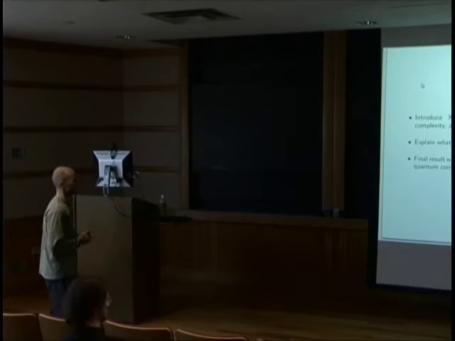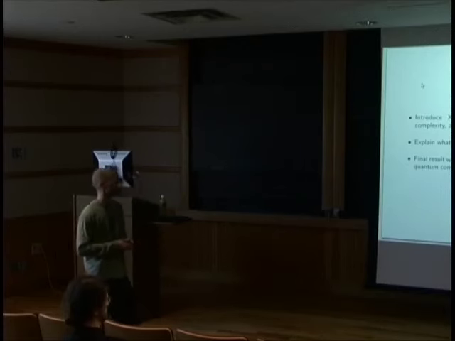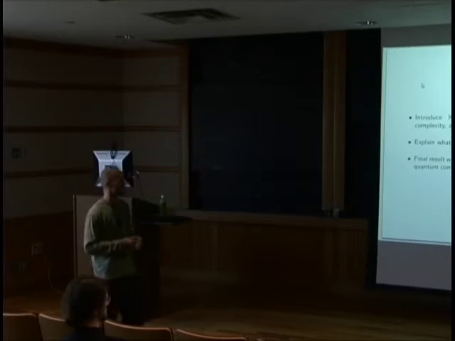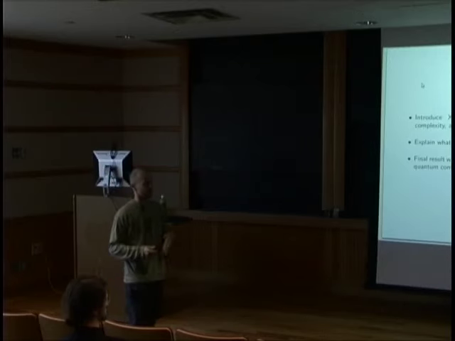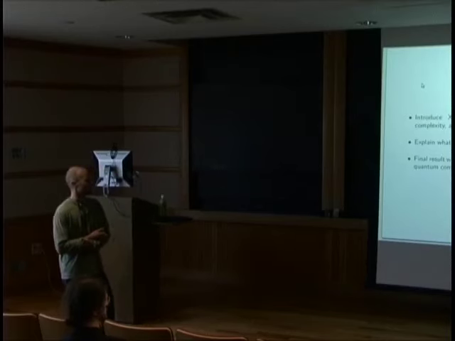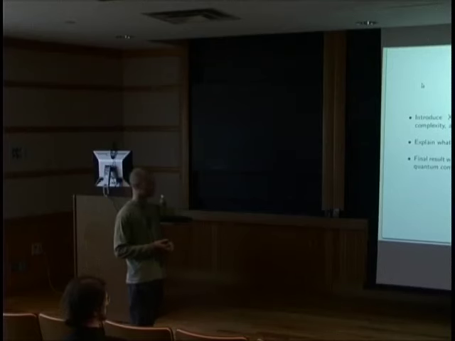And the final goal, a partial result towards that goal, will be to show that the discrepancy method and also this generalized discrepancy method lower bound three-party quantum communication complexity, also with limited forms of entanglement. Okay, so that's sort of the roadmap.